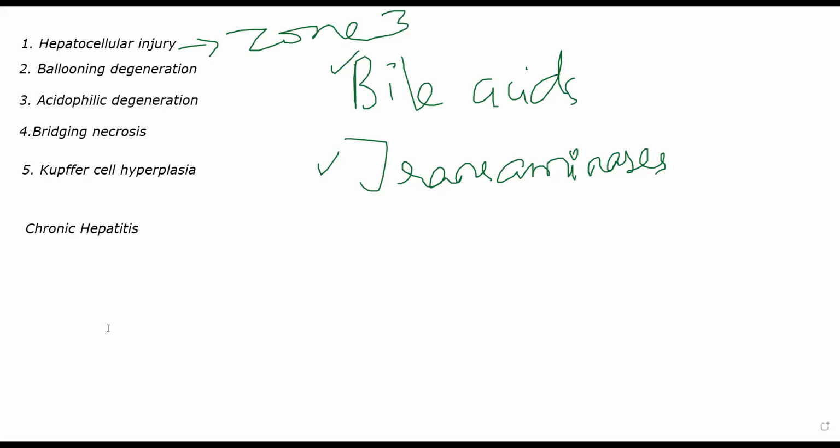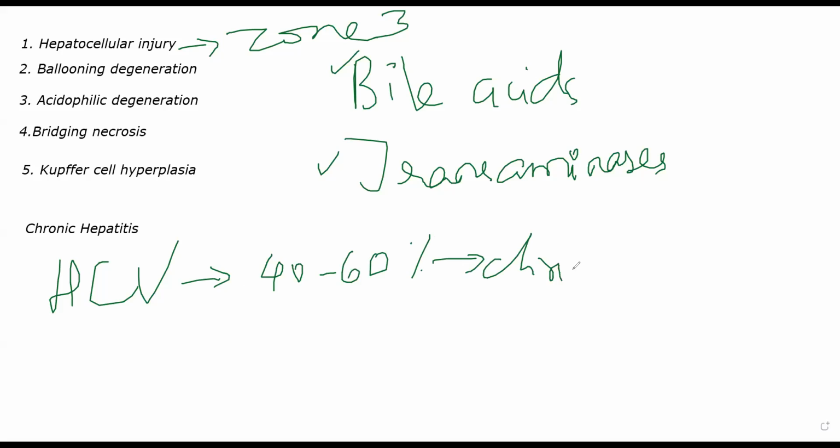Now, if you see the frequency and severity with which chronic hepatitis occurs, let us suppose it is starting off as HCV infection. If we specifically talk with respect to the virus, hepatitis virus, then agar HCV infection hua, if a patient has HCV infection, there is a 40 to 60% chance that it will turn chronic. Meaning 40 to 60% of hepatitis patients, especially adults, they will develop chronicity.